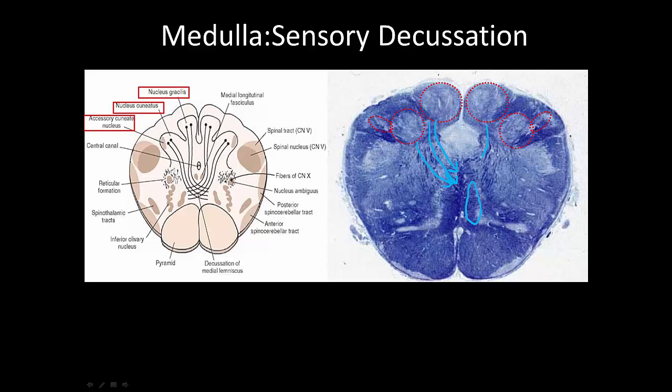These fibers that are wrapping around anteriorly and medially are referred to as the internal arcuate fibers. So the internal arcuate fibers leave the nucleus gracilis and nucleus cuneatus, cross midline, and ascend as the medial lemniscus.